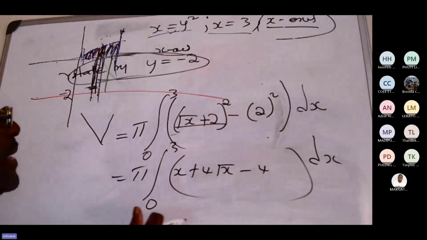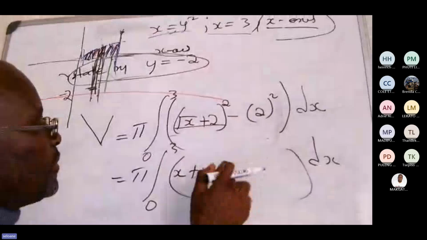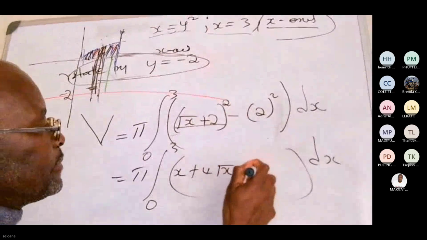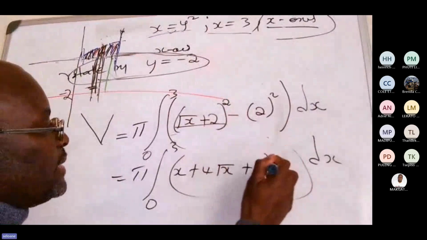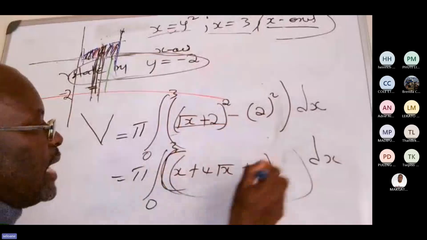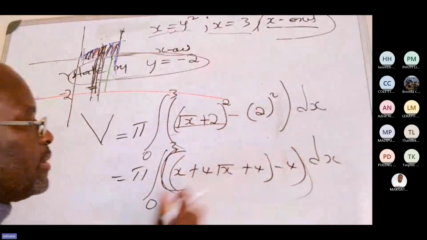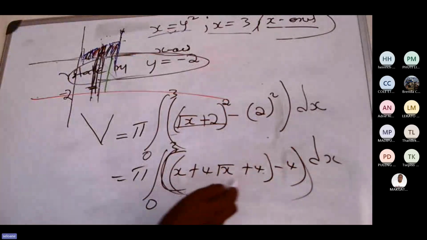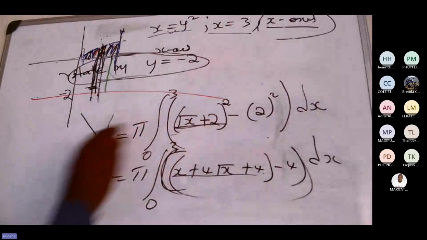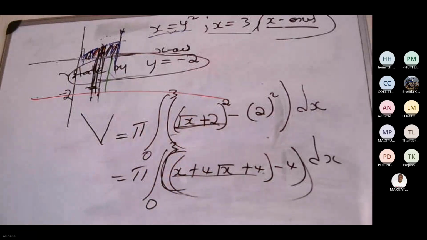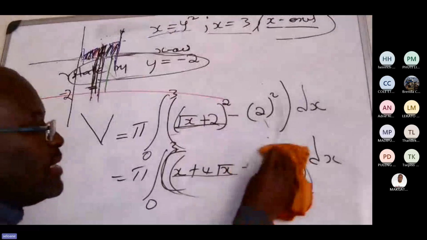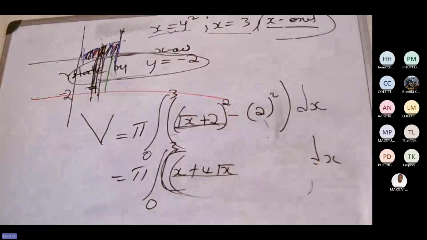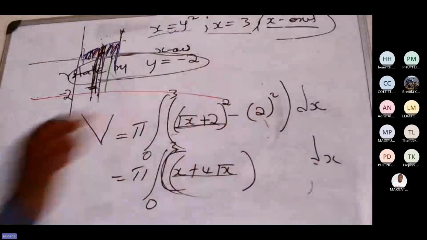It will be x this, then plus 4. And then this side is just minus 4. That's right, it will be this. Then you remove brackets. And when you remove brackets, this falls off. Then you are now integrating this.